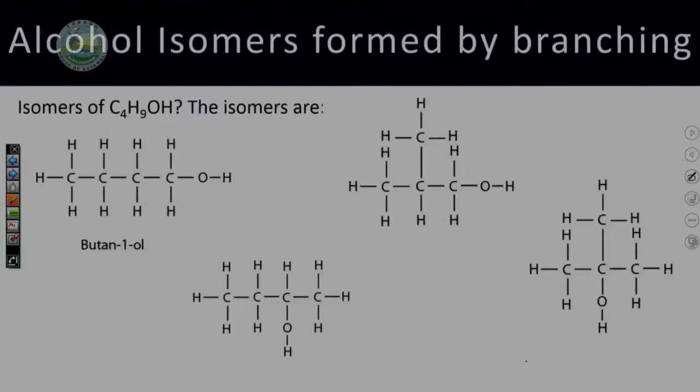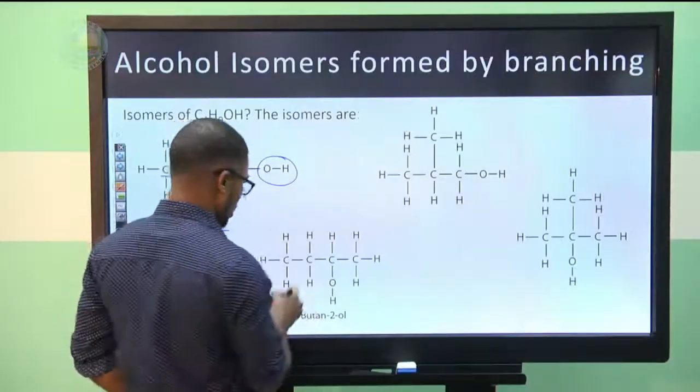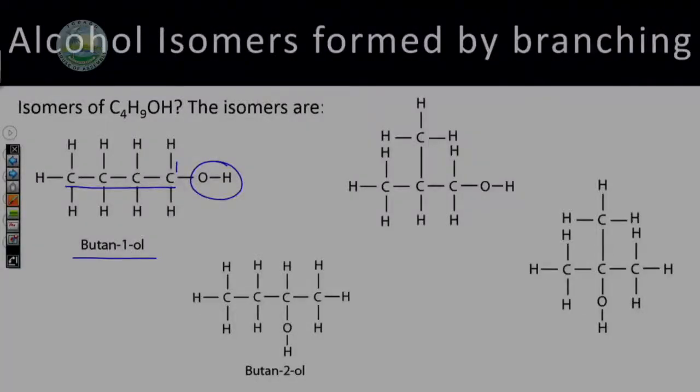Okay. All right, so now we have come to the understanding of why these compounds have these names. So the first compound is called butan-1-ol because we have 4 carbons in it. This OH group is found on the first carbon, so we call it butan-1-ol. The second one is called butan-2-ol. Why? Because we have 4 carbons in the chain, and in addition to that, we call it 2-ol because the OH group is found on the second carbon.